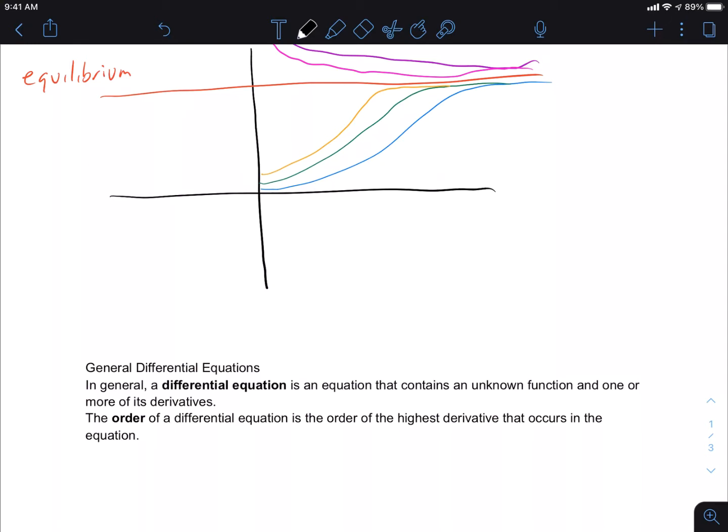I'll talk about initial conditions in just a bit, but it's important that you understand order is the highest derivative. A differential equation is where we're given a derivative, and we don't have what the original function is.